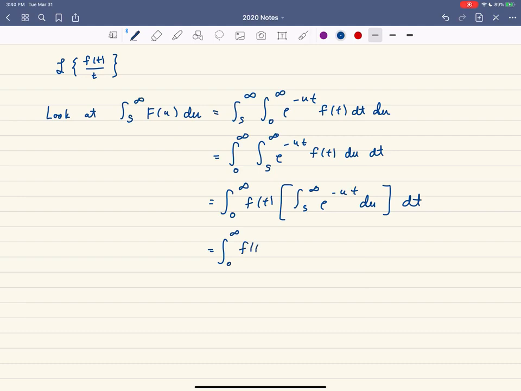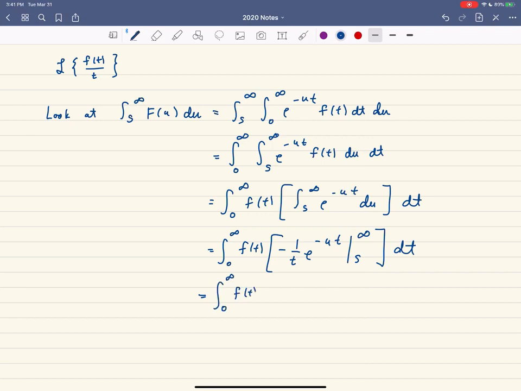Let's see what we get. We're integrating with respect to u, so we're going to end up with negative 1 over t, e to the negative ut, as u goes from s to infinity, dt. As u goes to infinity, this whole thing is going to go to 0, so that part's nice.